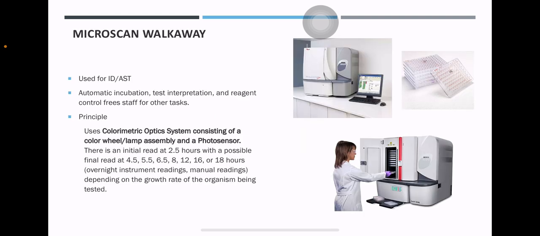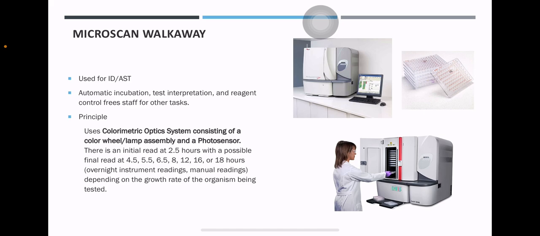The first one that we are going to discuss is your MicroScan WalkAway. The MicroScan performs identification as well as AST using colorimetric optics. It's a color wheel plus a lamp plus a photosensor. It gives initial reads at 2.5 hours and final reads anywhere from 4.5 to 18 hours, depending on organism growth.